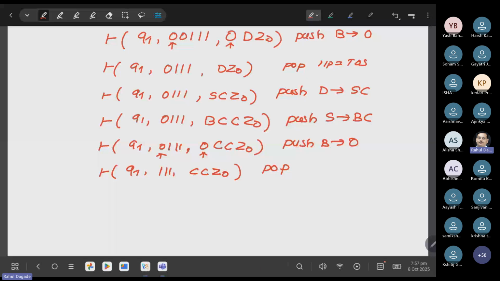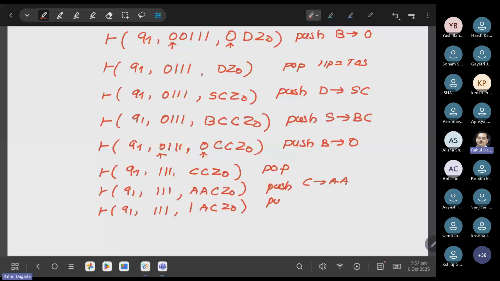A is converted as 1 A C Z0. So we have push A gives 1. Now 1 is matched with 1, so that is Q1 1, 1. So this consumes AC Z0. So it is pop operation.